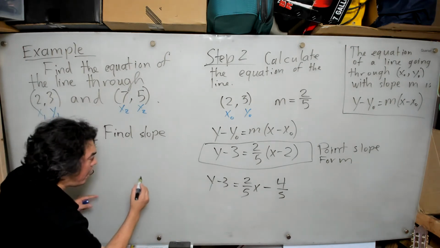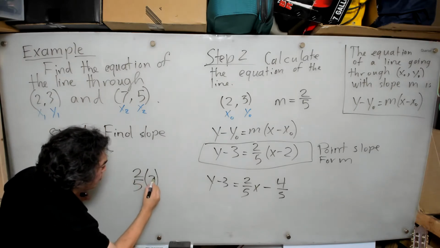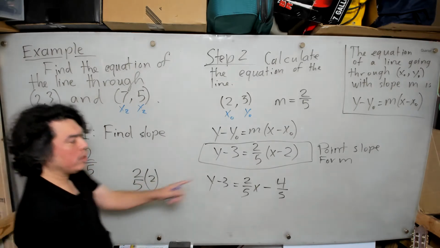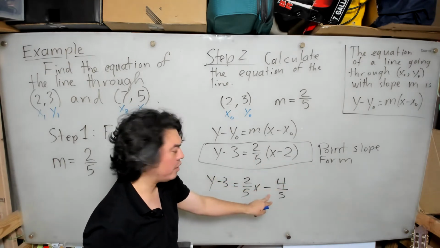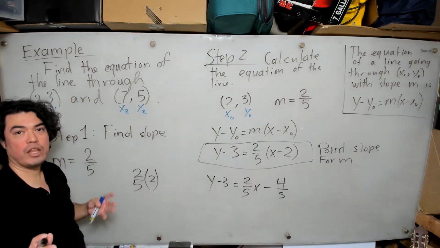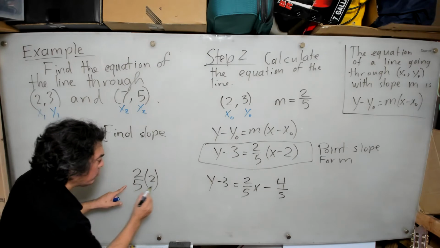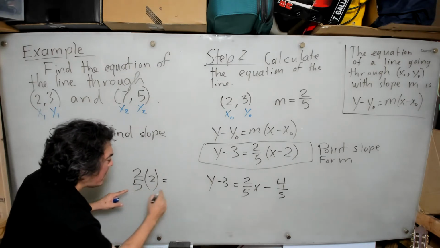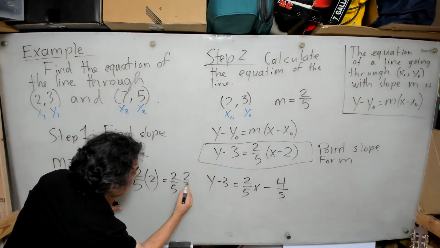So if I have 2/5 times 2, we know it's going to be 2/5 times negative 2. So a positive times a negative is a negative. So that's why it's going to be negative. But I'm going to calculate what 2/5 times 2 is to convince you that the value will be 4/5. I can rewrite this 2 as 2 over 1. So that's 2/5 times 2 over 1.